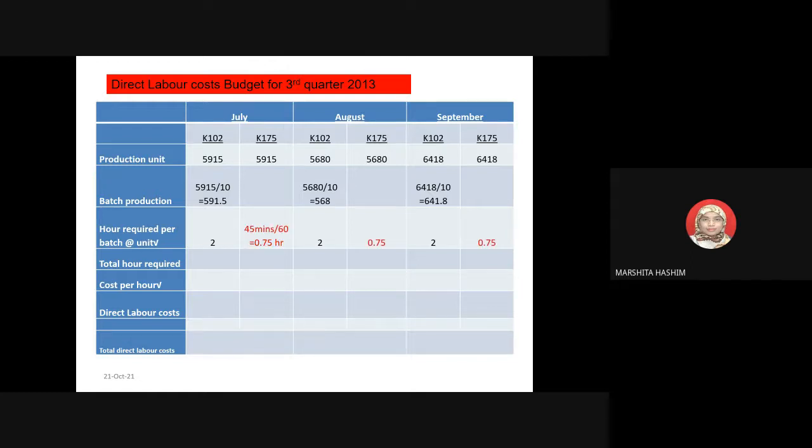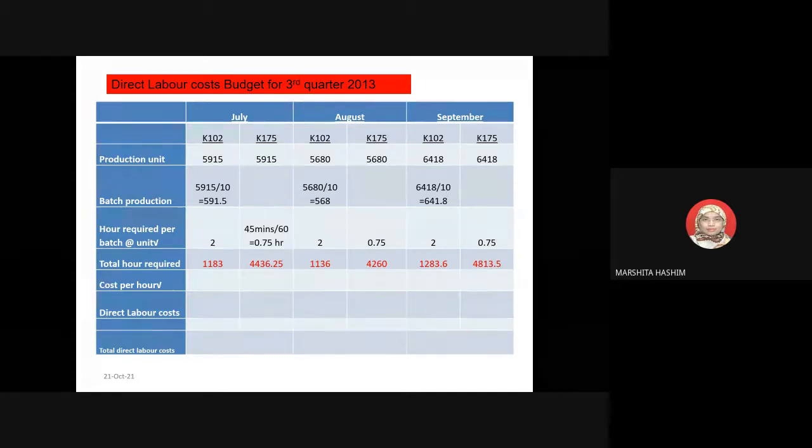Let's say we convert K102 into batches, and then K175 we convert into hours, then we will get total hours required. Remember, for K175 you pay them salary per hour, and 1 unit requires 45 minutes. That means if you want to produce 5,915 units, it will take 4,436 hours of K175.